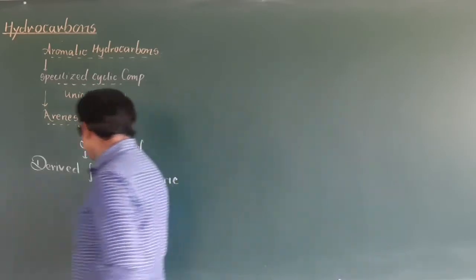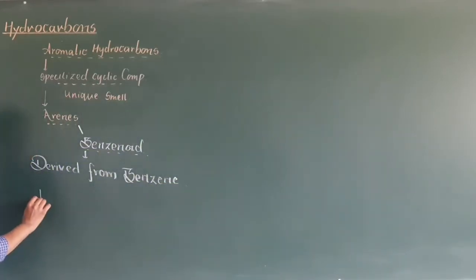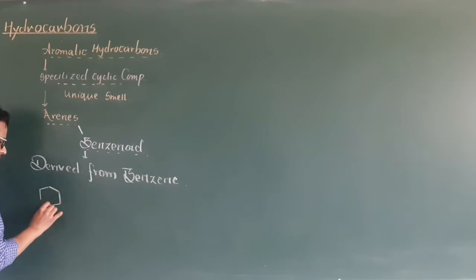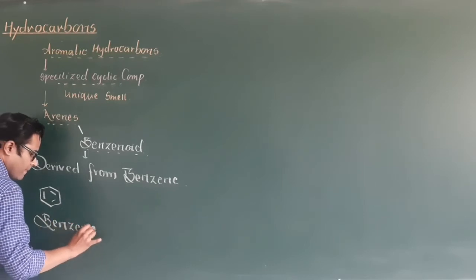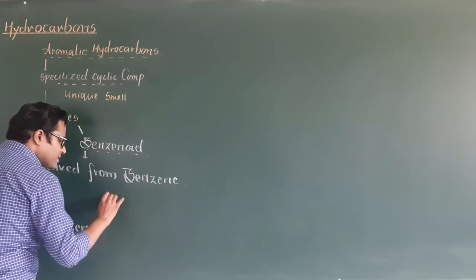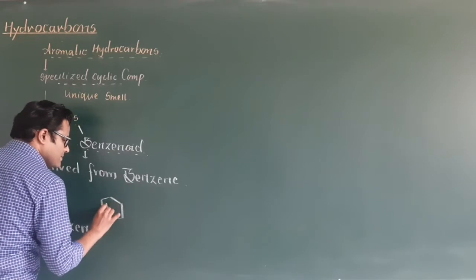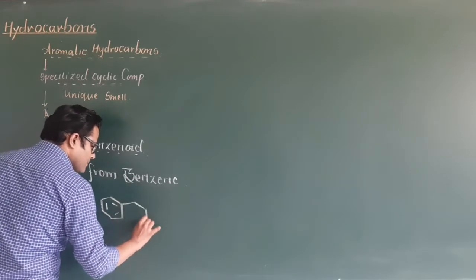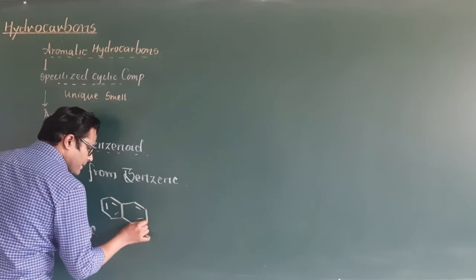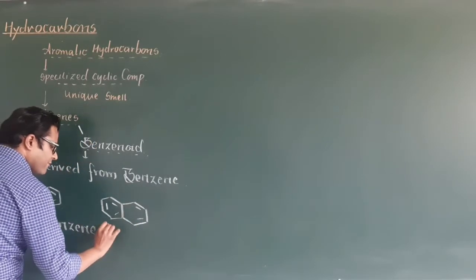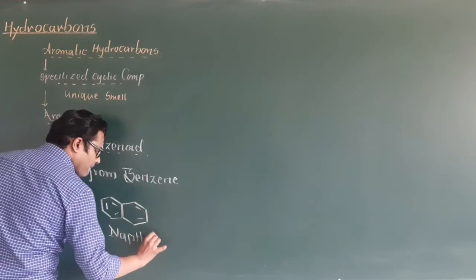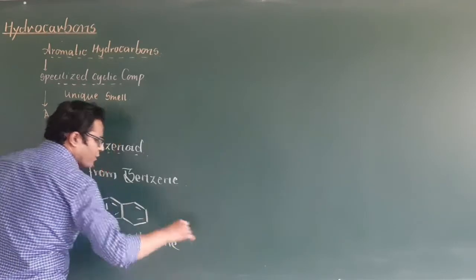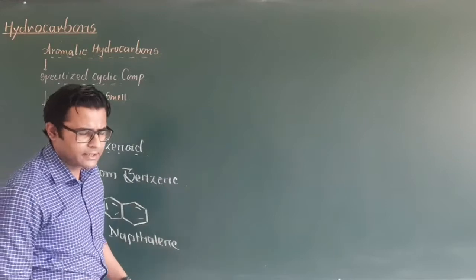For example, benzene itself, we will take as the starting point. So we have benzene. Now let's fuse these two. So this one over here becomes naphthalene. You can also go for the next version, that will be anthracene.